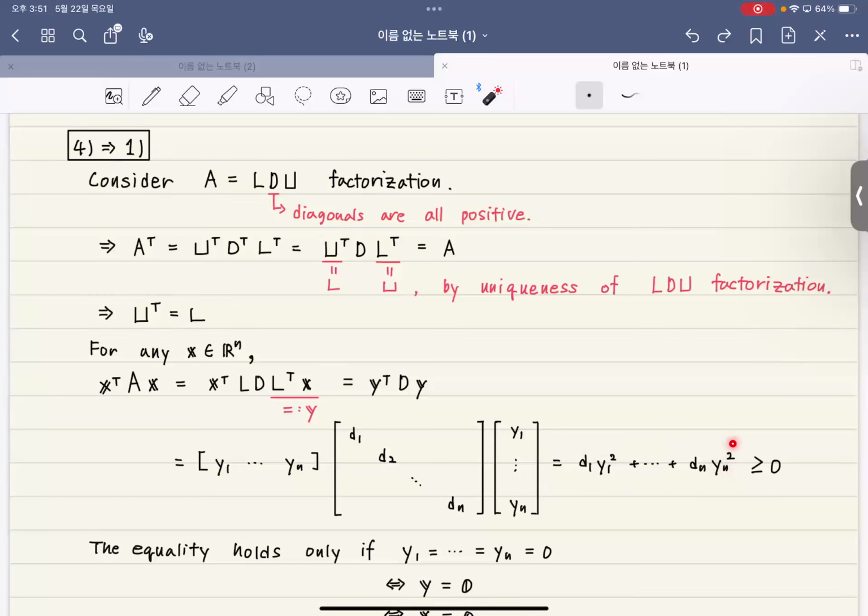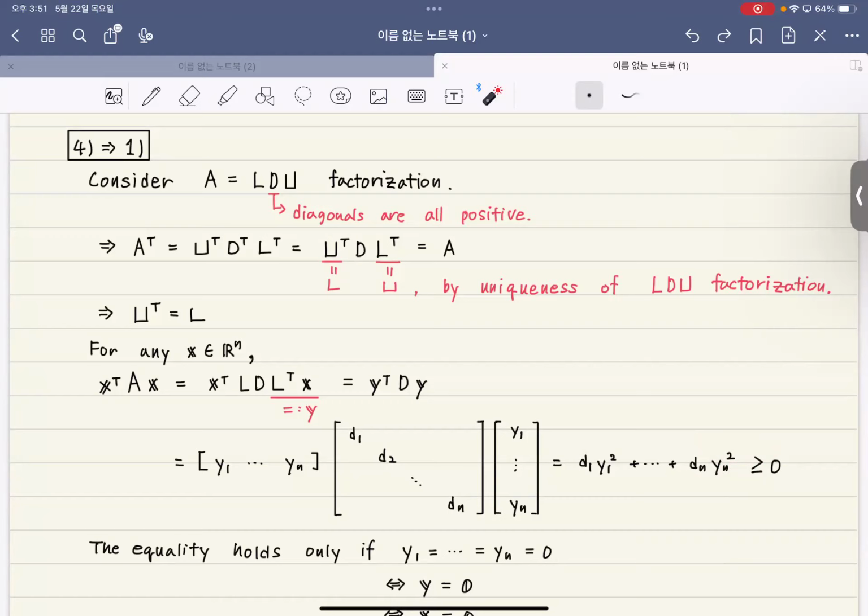So this is automatically going to be non-negative, right? And under what condition is the equality true? Since d1 to dn are all strictly positive, the only possibility is that the equality holds only if y1 to yn are all equal to 0, right?